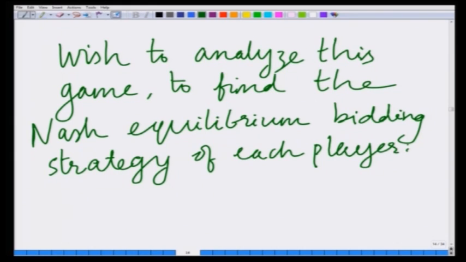We wish to analyze this game to find the Nash equilibrium bidding strategy of each player. At Nash equilibrium, what is the strategy employed by each bidder or each of these players in this first prize auction?